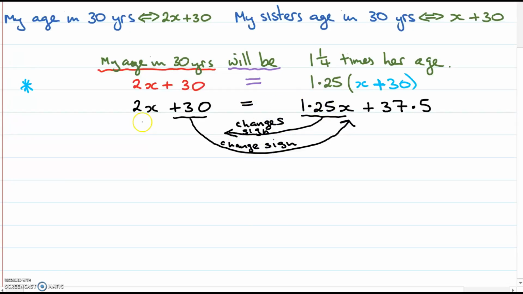Okay, so anything that changes sides, you want numbers on one side, letters on the other side. Anything that changes the side of the equal sign, we have to change the sign. So 2x, we're keeping it on the left, it's going to be 2x. Now the 1.25x, we're moving it across, so it changes sign. So 1.25x becomes negative 1.25x is equal to, so we've moved 1.25x, we have 37.5, and then this 30 we're moving across. So move it across becomes minus 30.